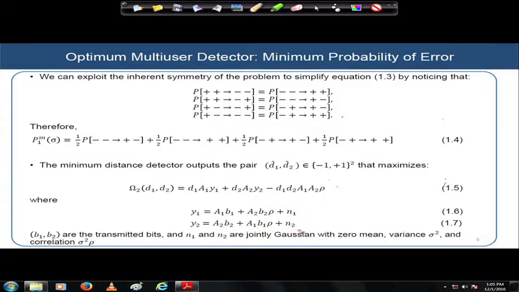Similarly, Y2 is given by expression 1.7. B1 and B2 are the transmitted bits, and N1 and N2 are jointly Gaussian noise with zero mean and variance sigma square, and sigma square times rho is the correlation factor.